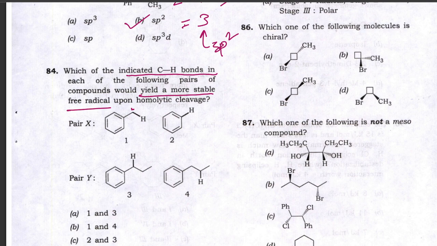phenylic one. Phenylic free radical is not actually stable, because if you draw this structure like this, you will get the free radical structure where the orbital containing that single electron is in the perpendicular plane of the p orbital.